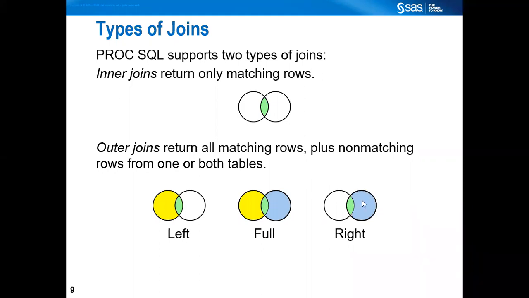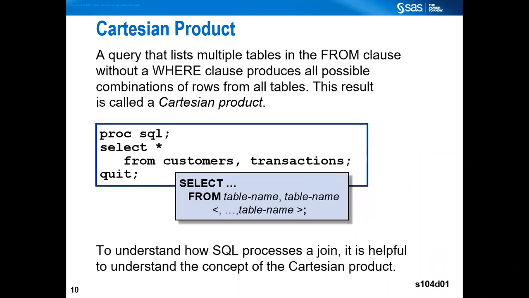Whereas in a right join you select matches and non-matches from the second table, the right-side table, hence it's called a right join. We'll see each join in detail, with its syntax and how it works, along with inner join and the types of outer joins. But before that, let's understand what a Cartesian product is.